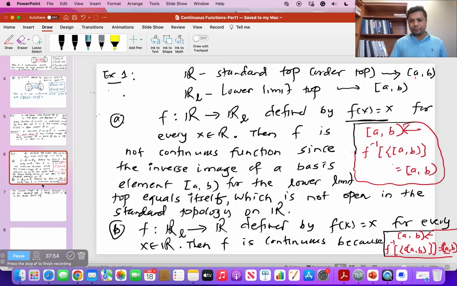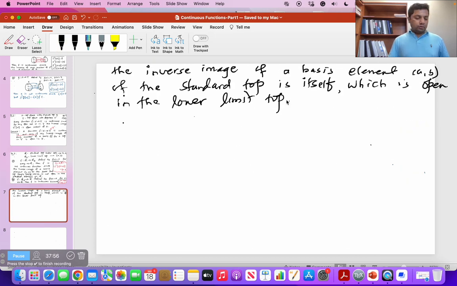Okay. All right, so here I gave you two examples using a basis. The first one is not continuous, but the second example is a continuous function.